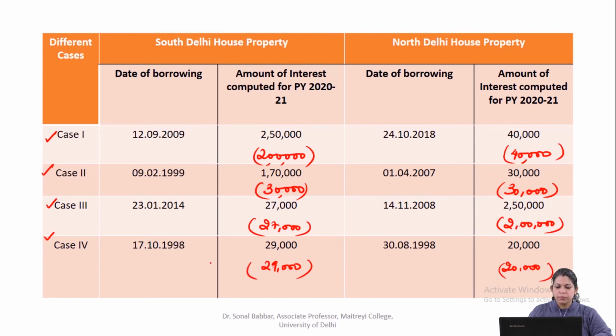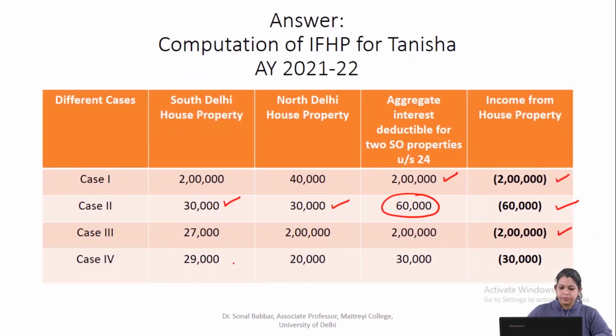But since both borrowings were done prior to 1st April 1999, these two amounts, 29,000 and 20,000 together, would be subject to 30,000 rupees. So here we see 30,000 rupees, the interest deductible for 2 self-occupied properties under section 24. Therefore, income from house property is negative 30,000 rupees.